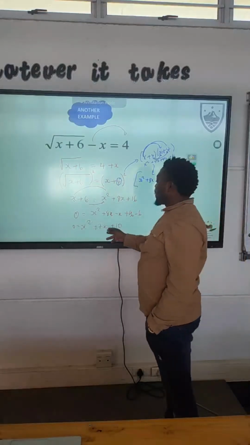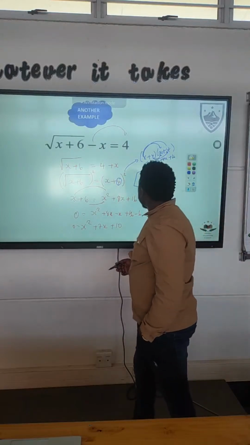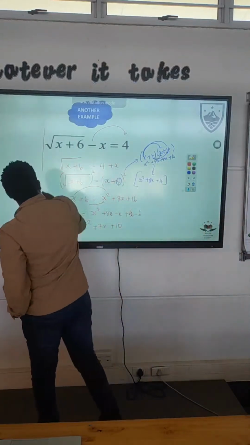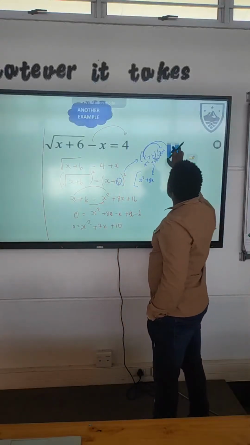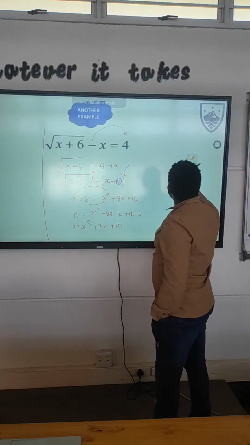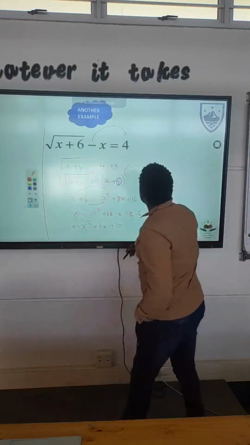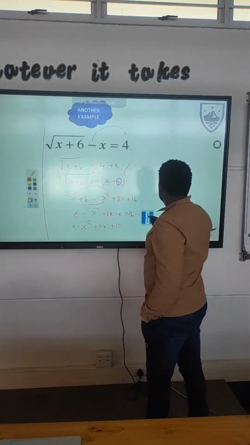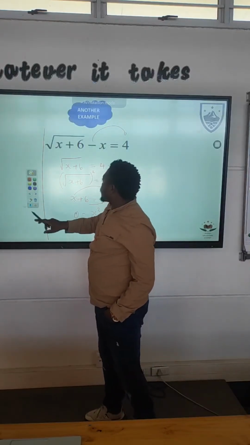0 is equal to x squared plus 7x plus 10. I don't know if you will be able to see that, so let me just erase this part so we can utilize most of the board. Move this to the other side, and then we continue.